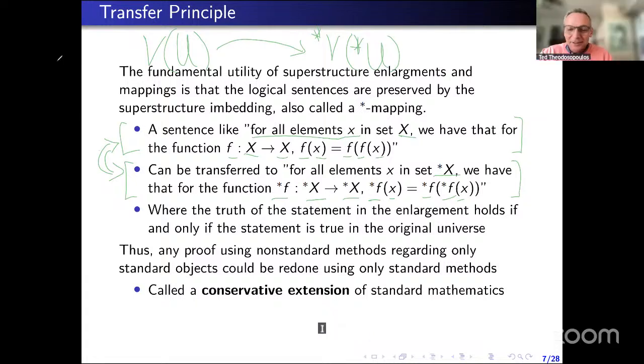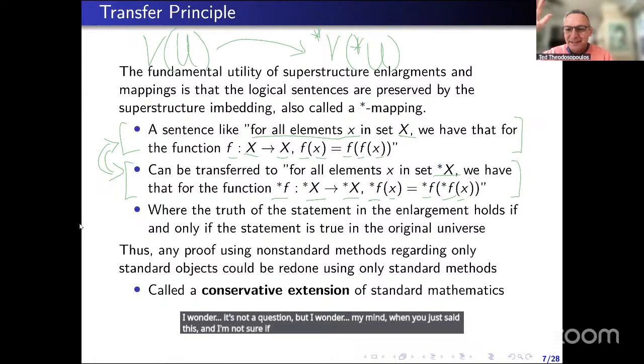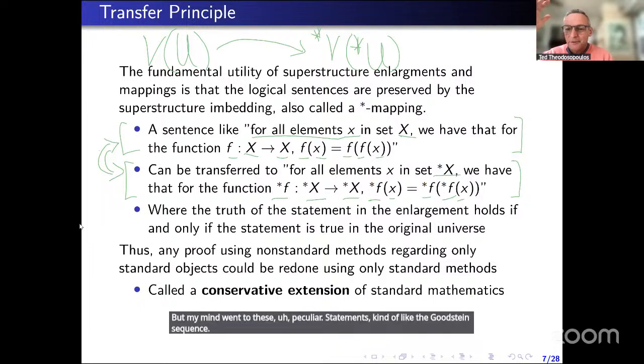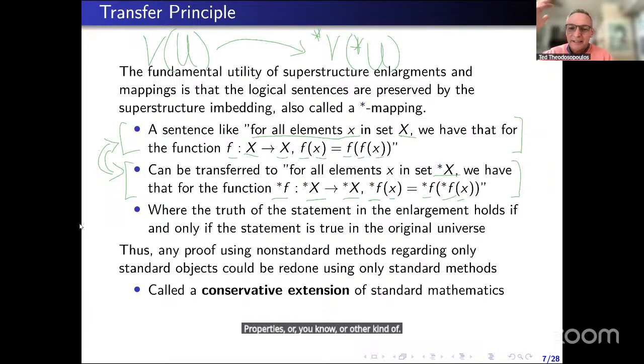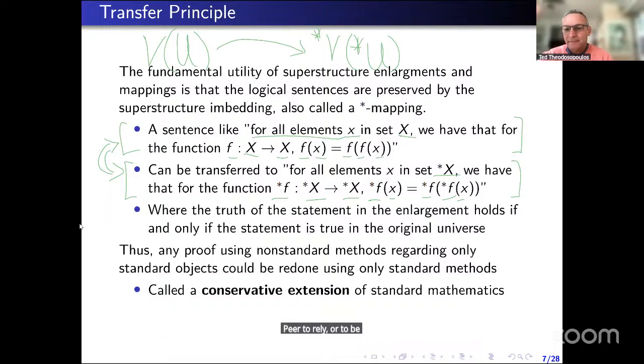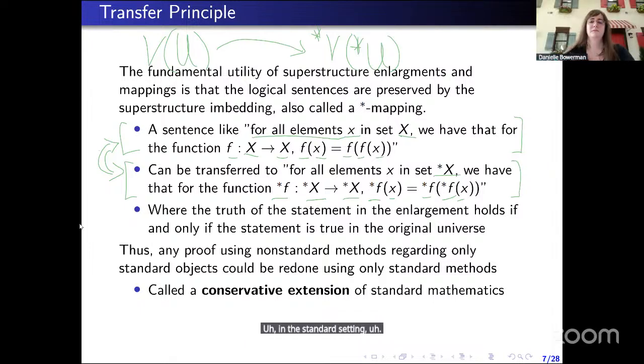I wonder, it's not a question, but my mind went to these peculiar statements, kind of like the Goodstein sequence properties, or maybe Collatz conjecture type things, like numerical statements that appear to be possibly unprovable in the standard setting, or to get to some result of this kind.